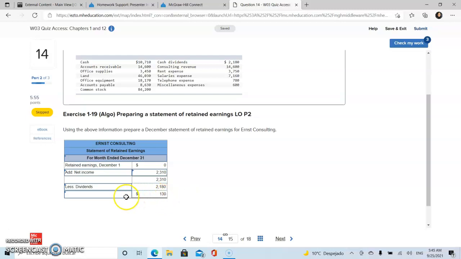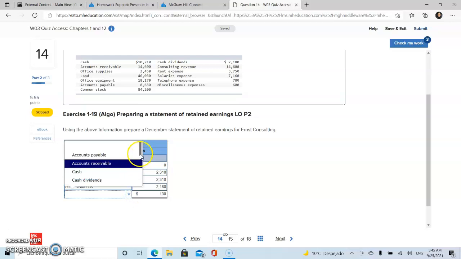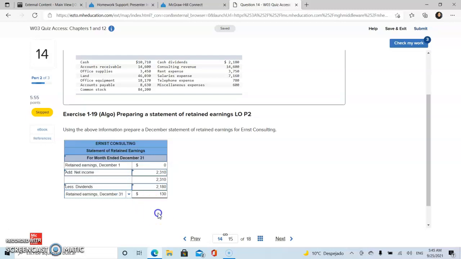And this total amount will be our retained earnings by December 31st. So this amount as well, we're gonna need it for our next problem. So if you can as well write it down, that will be great.